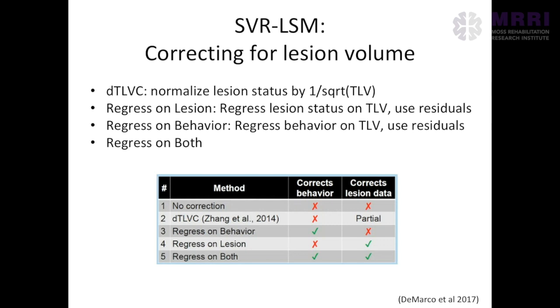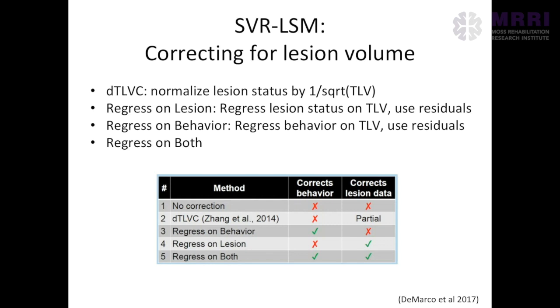There's regress on lesion, where you do a regression of lesion status on total lesion volume, take the residuals of that regression, and use that in your analysis. Regress on behavior is the same idea, but you regress behavior on total lesion volume and use those residuals.